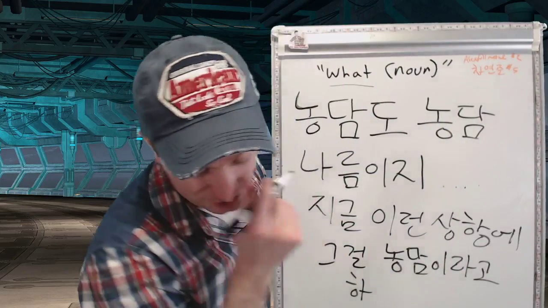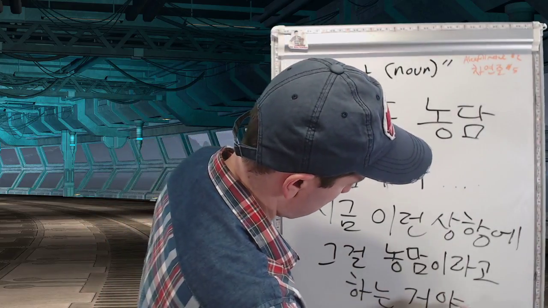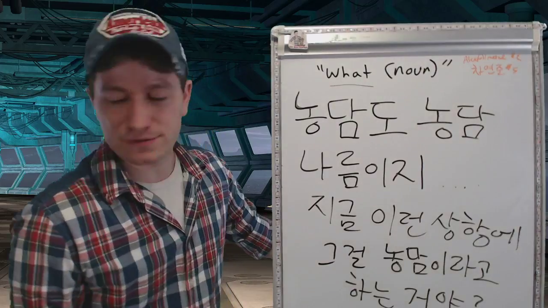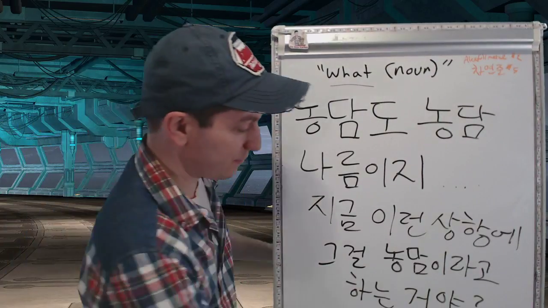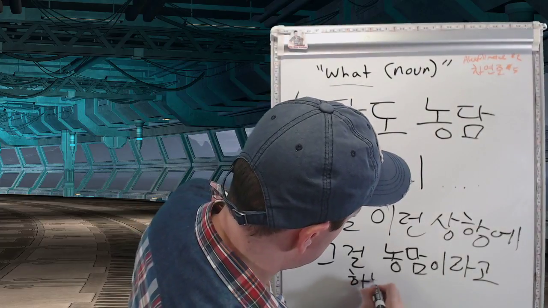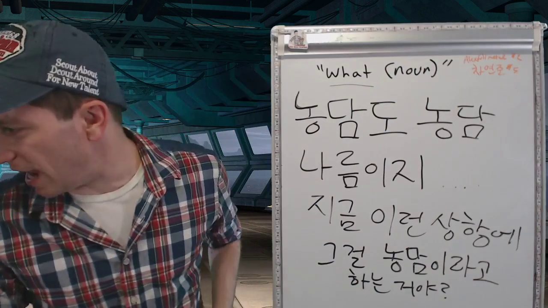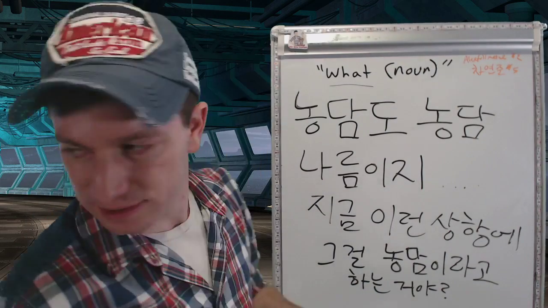Or 하지? Or some sort of form like that. 하는 거야? We'll use 하냐? Okay. So you might say this full sentence. I'm kind of going off the board, so let me write that. 하는 거야. Okay, there we go. Now we can still see it. I was checking if I was going off.